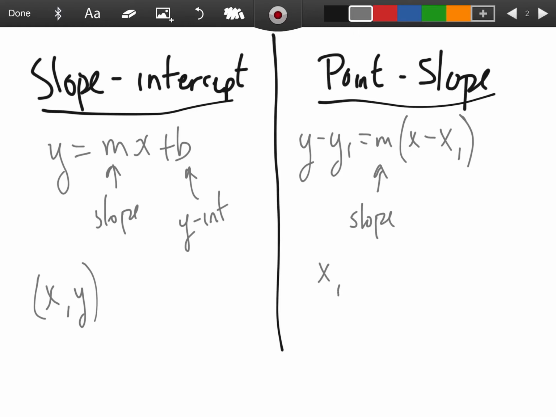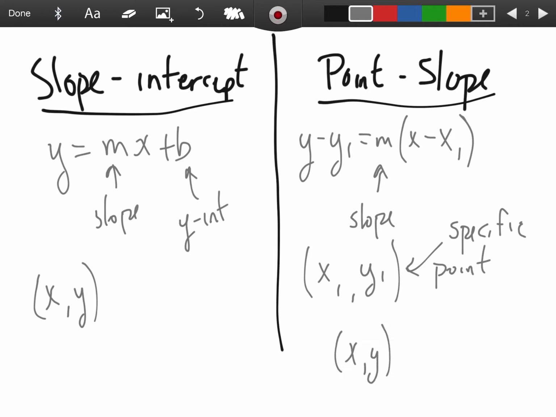And then that pair x1 comma y1 just refers to a specific point on the line. It could be any point on the line, but this is some specific point. And then x comma y will just refer to all of the different pairs of points that fall on that line.